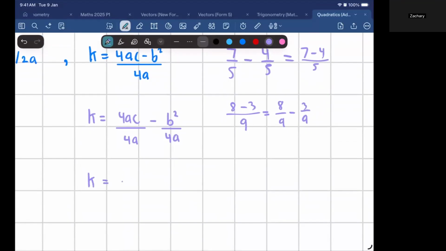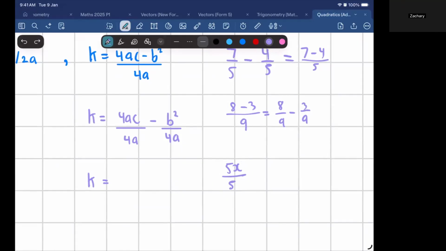Last line would be... That's it. You're overthinking it. This is really easy, I promise. If I had 5x over 5, what would that be equal to?